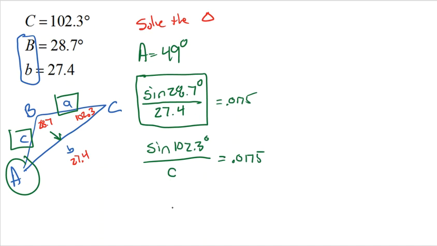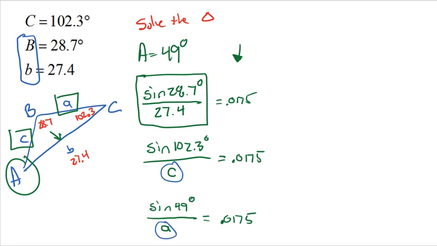I'm going to do the same thing for A, because I know that sine of 49 degrees, angle A, divided by little a, the side across from it, is also equal to that super special magic ratio. Again, whether you choose angle A, B, or C, the sine divided by the side across from it is going to be the same. So this is going to enable me to easily solve for c and a.